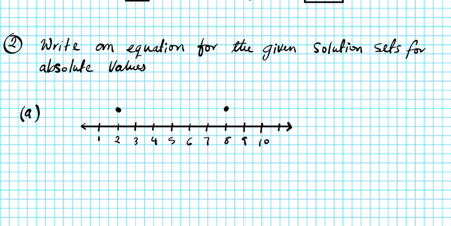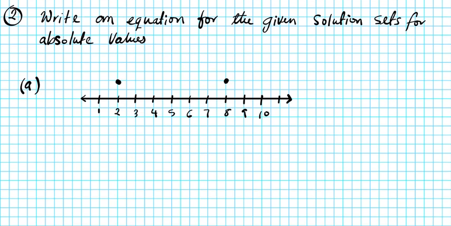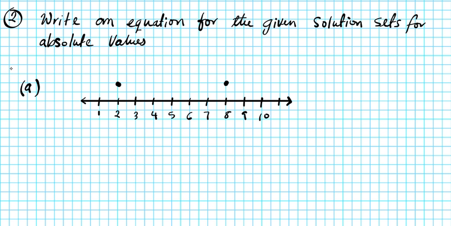The first thing we're going to do here is write down the general form for absolute values. The general form is basically the absolute value of x minus h equals r.